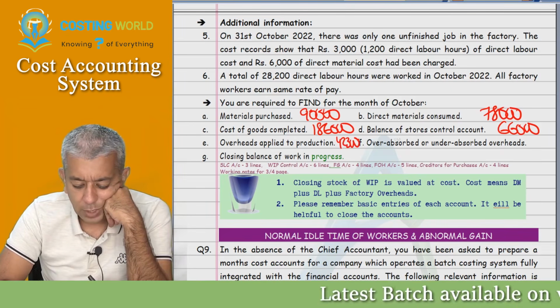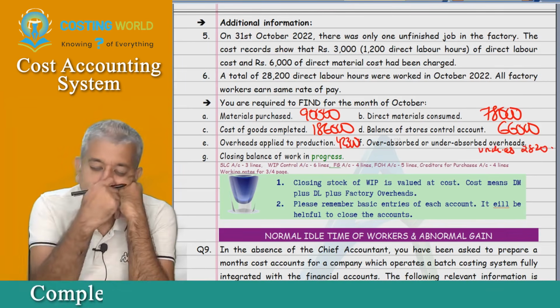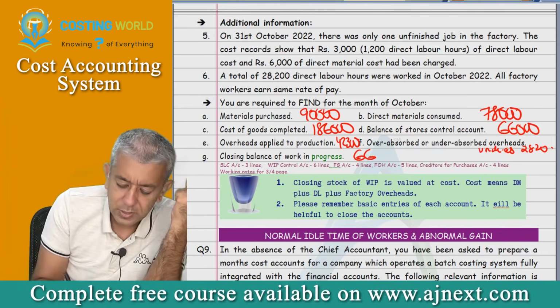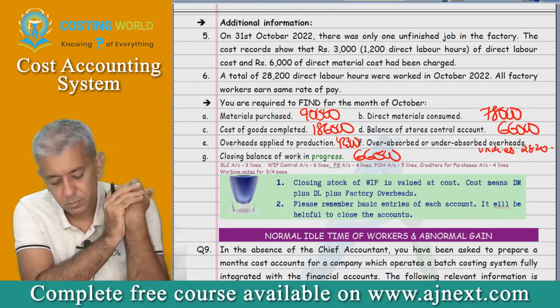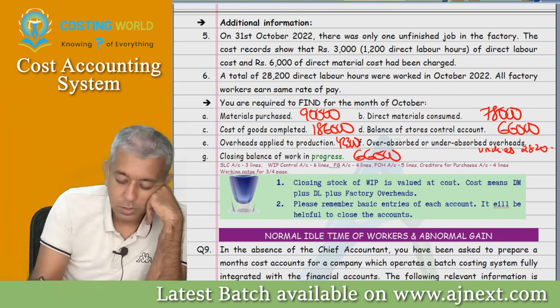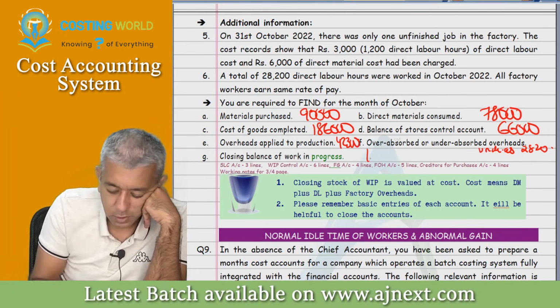Over absorbed or under absorbed overheads. You can write down small under absorption 2,820. And closing WIP 66,000. So 10,800. Sorry. That was your SLC. Sorry. 10,800.